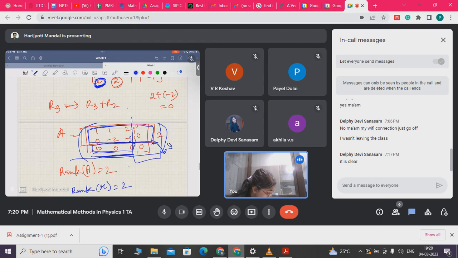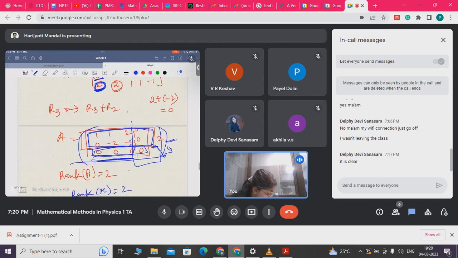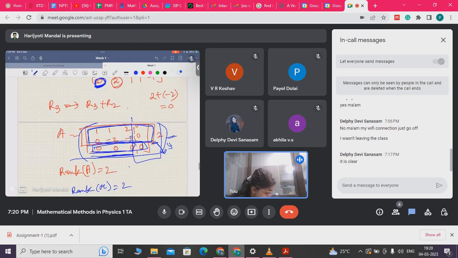It is a formula: you make this 0, then at the same point try to make this 0. If it is possible to make all those 0, then you can say the rank is 2. But after doing this, if this row doesn't become all 0, then the rank is not 2, it is 3 or higher.